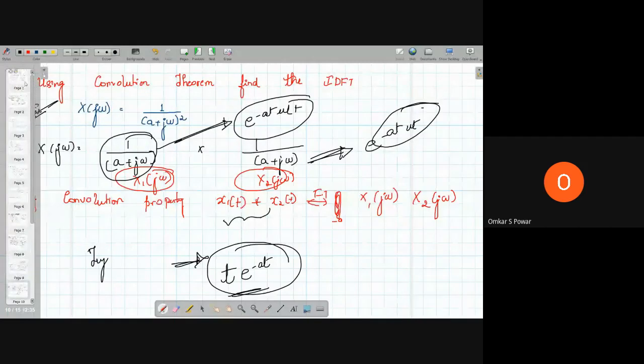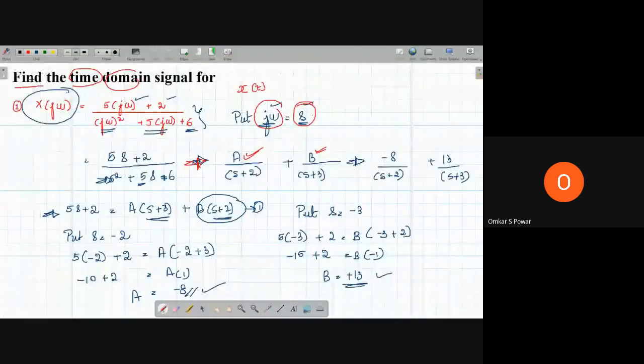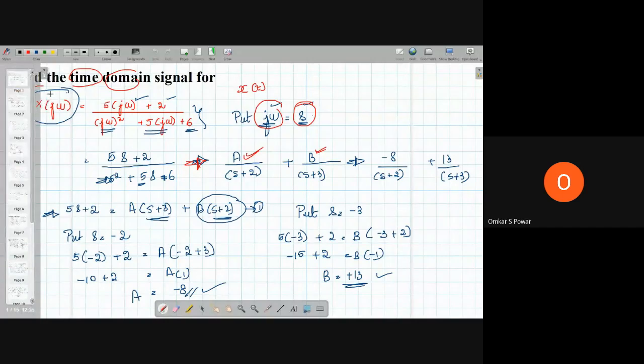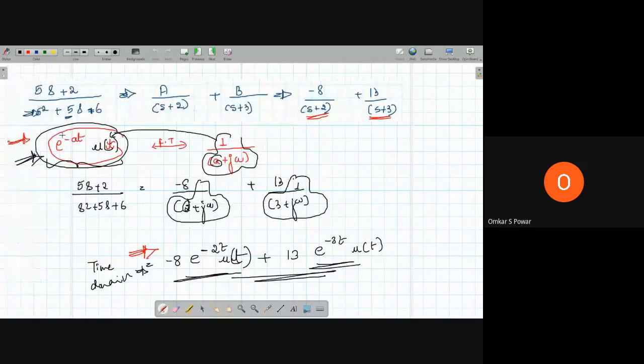So what are the things we have seen here? First, we have solved some problems with respect to the Fourier transform. Using partial fractions, we got the time domain signal. Just put j omega equal to s, express in terms of partial fractions, and we know the Fourier transform of e power minus at u of t is 1 by a plus j omega, so we get our time domain signal directly.